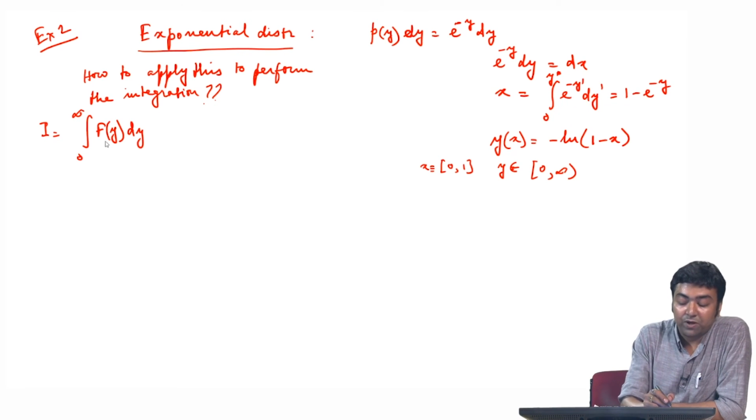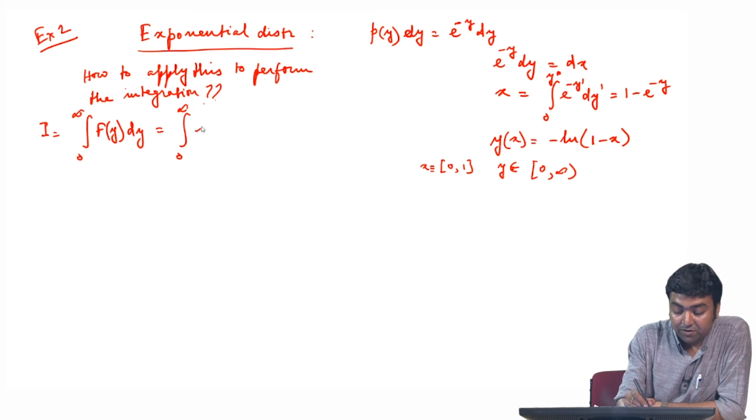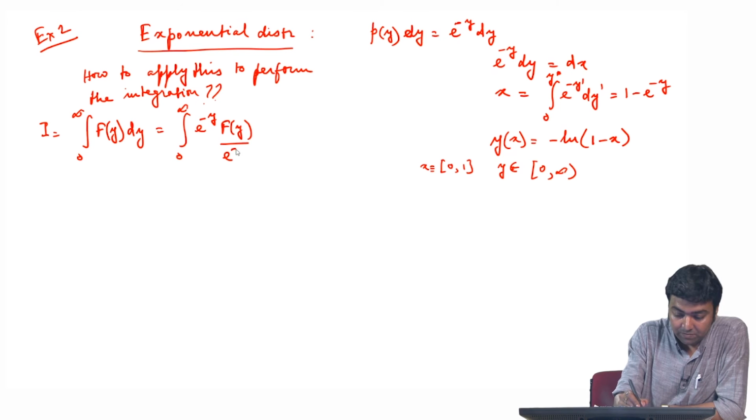What I will do is pull out e to the power minus y from this f(y). So, I have e to the power minus y times f(y) divided by e to the power minus y, dy.